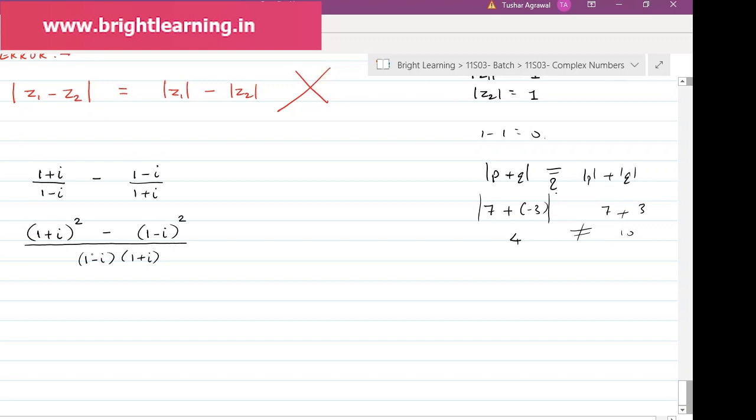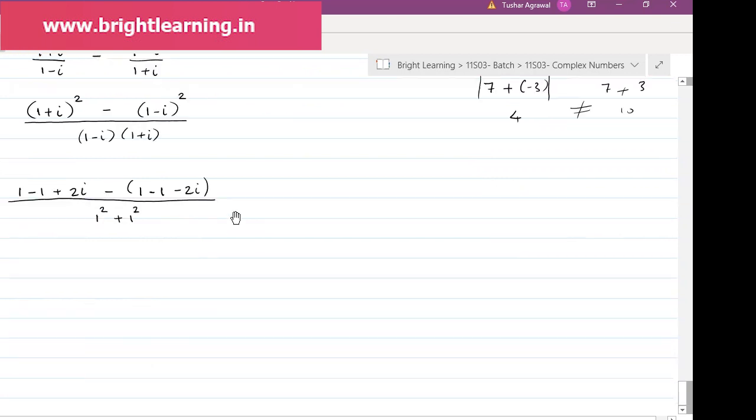What is the first square? (1 plus i) whole square: 1 square plus i square, that is -1, plus 2 times 1 into i, minus (1 square plus i square, that is -1, minus 2i). It is completely divided by (1 minus i) into (1 plus i), which is 1 square plus 1 square.